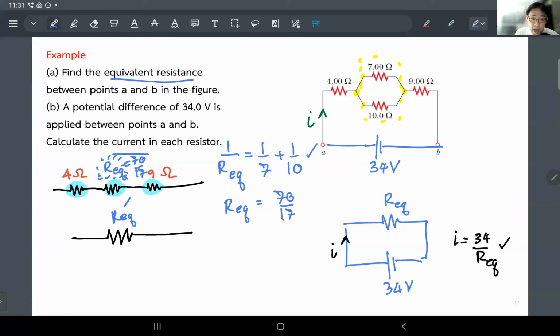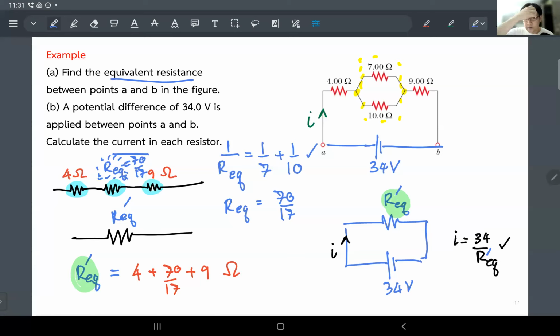Because this R equivalent prime comes from three resistors connected in series, I can just say it's going to be 4 ohms, the first one, plus 70 over 17 that we just got, plus 9. That's your R equivalent prime. To be exactly the same, I have to call this one R equivalent prime as well. And you are done.